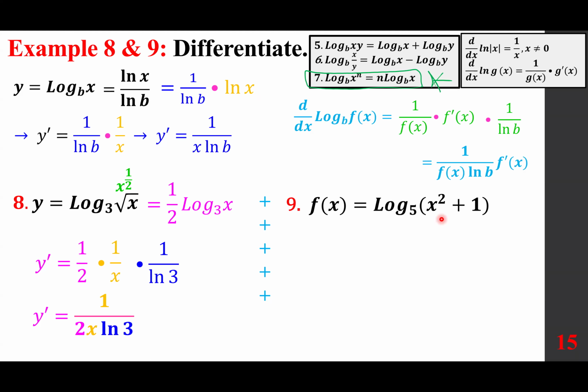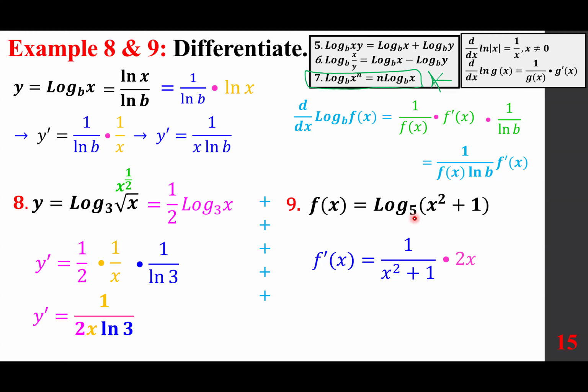So for this one, first things first, can we decompose? The answer is no, so deal with it the way it is. Number 1, 1 over f of x, this is your function. So 1 over the argument. Number 2, by the chain rule, f prime of x. So the derivative of that is 2x. And finally, you look at the base: is it e?